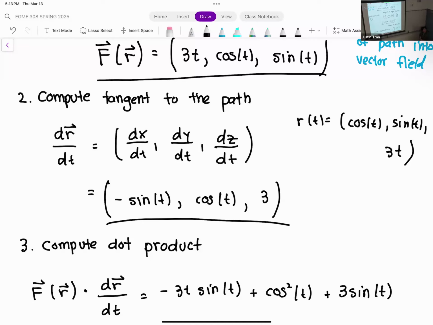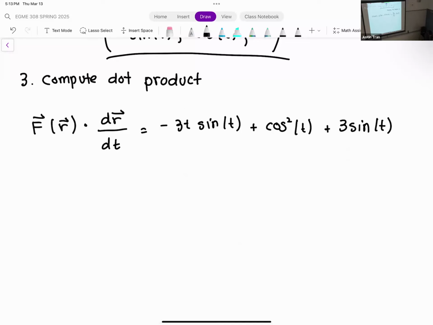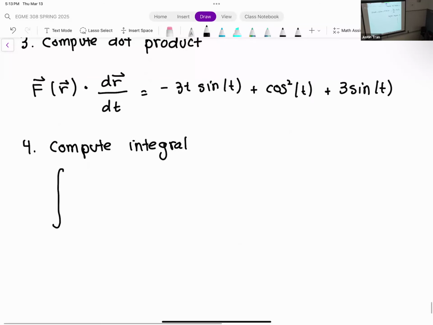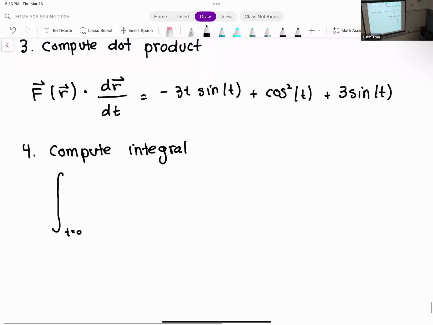So after you take the dot product there, last step is just going to be to take its integral. And so our integral in this case, we have an integral from t equals 0 to t equals 2 pi.